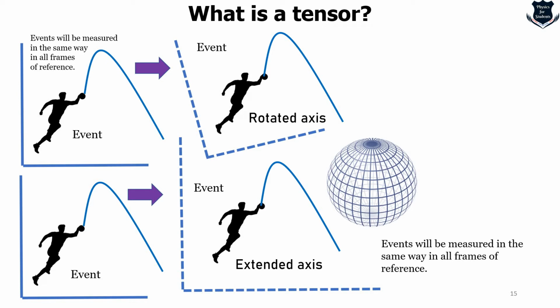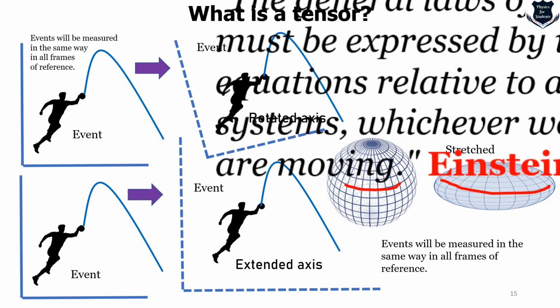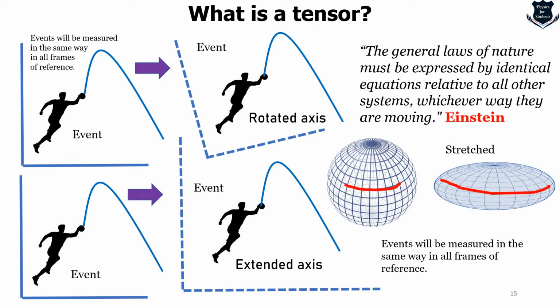The same analogy comes that a sphere has got something like this and an oblate spheroid, where things get stretched. And that is what Albert Einstein told, that the general laws of nature must be expressed by identical equations relative to all other systems, whichever way they are moving. And that is why, if you have gone through my history of general relativity, Einstein's strive was to find a covariant theory of gravity.